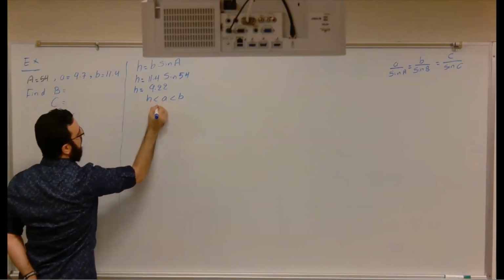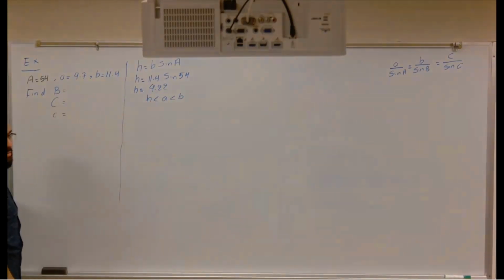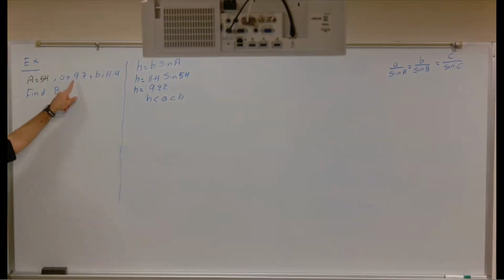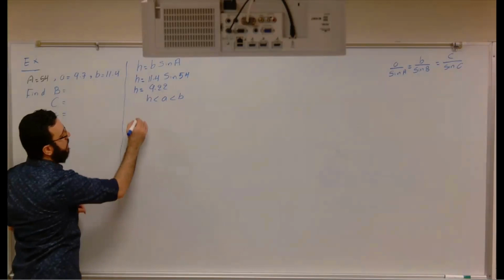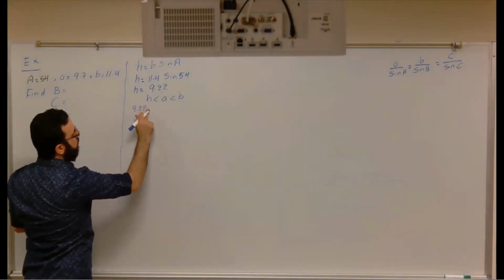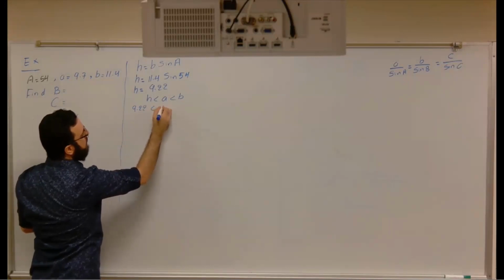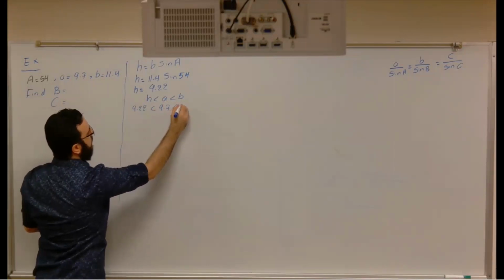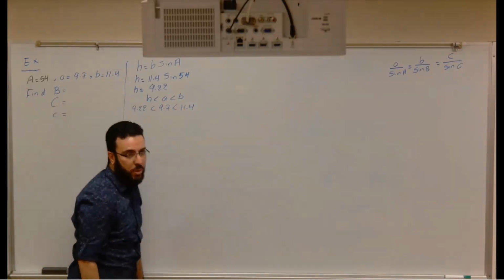Is H less than A less than B? Yeah. Is this the case, right? Because H is 9.22, less than A, which is 9.7, and B is 11.4. Yes or no?